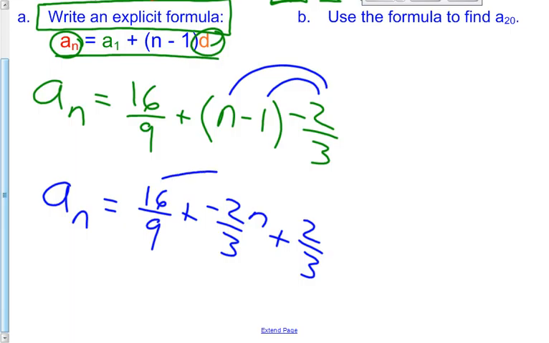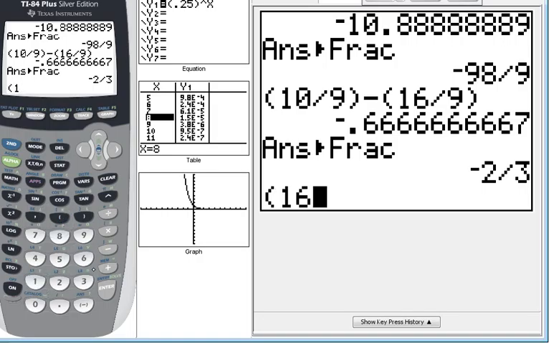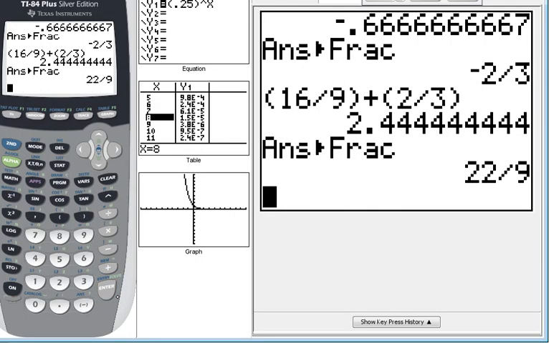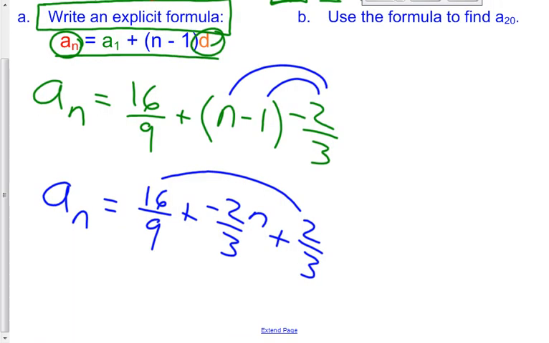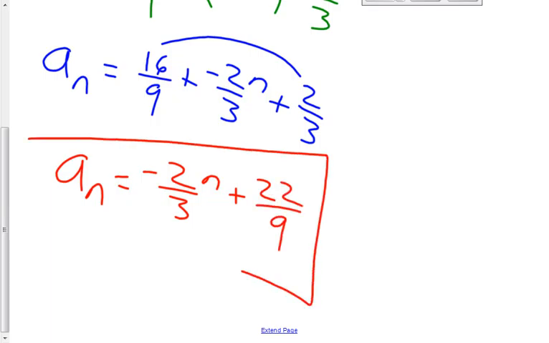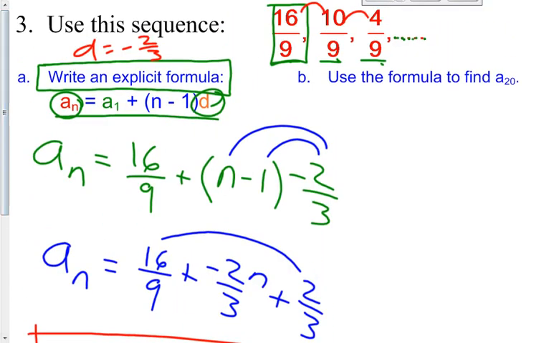And then we can combine 16/9 and 2/3. 16/9 plus 2/3, and we get 22/9. 22/9 is what happens when you add 16/9 and 2/3. So we would get a sub n equals negative 2/3 n plus 22/9. So this is our equation for the explicit formula of this sequence.